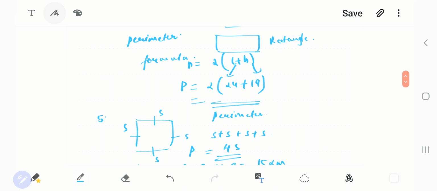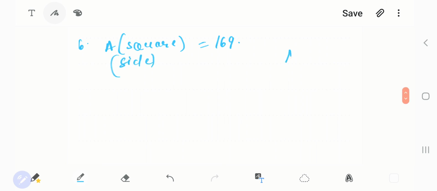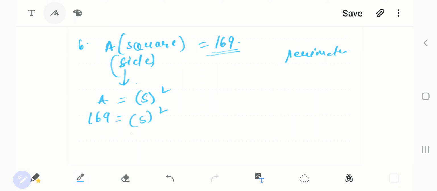Next is problem number 6, which says the area of a square is given as 169 and we have to find the side and perimeter. First we will find the side. Area of a square is side square. Area is given as 169. Now, my dear kids, when the square goes over here, it becomes a root.